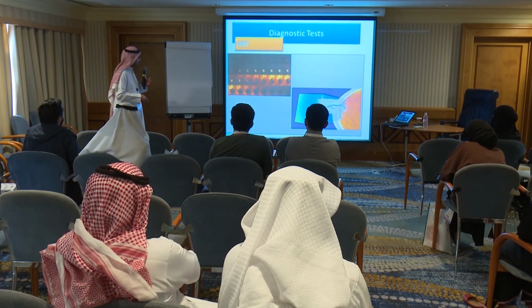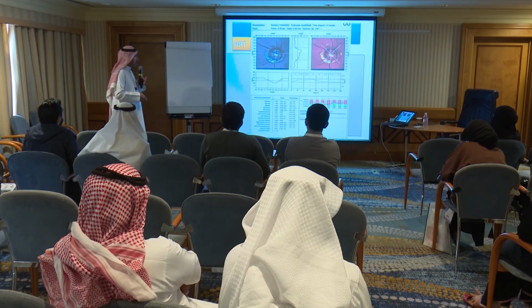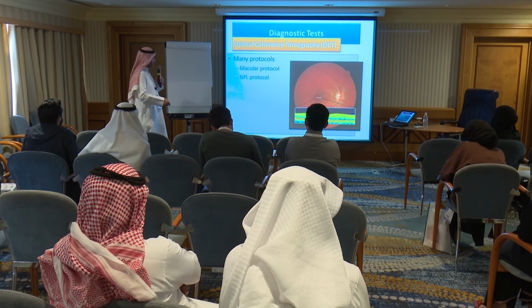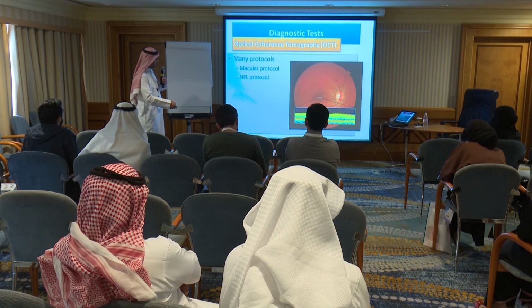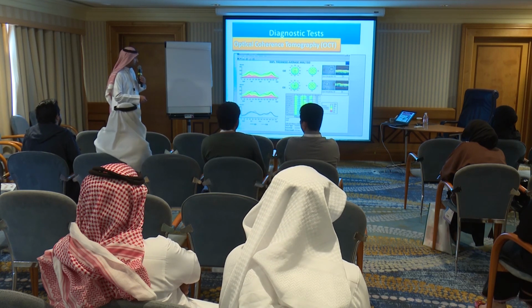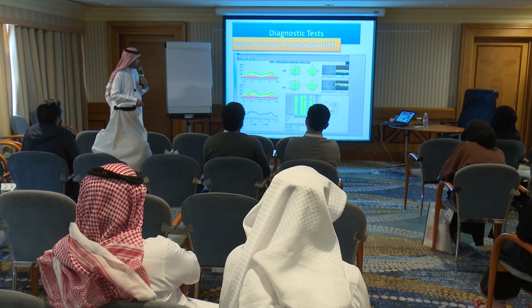Especially HRT, it is mainly for the nerve fiber layer around the optic disc. OCT is used for the retina, this is an example of the retina, and it is also used for glaucoma. This is the evaluation of the nerve fiber layer around the optic disc.